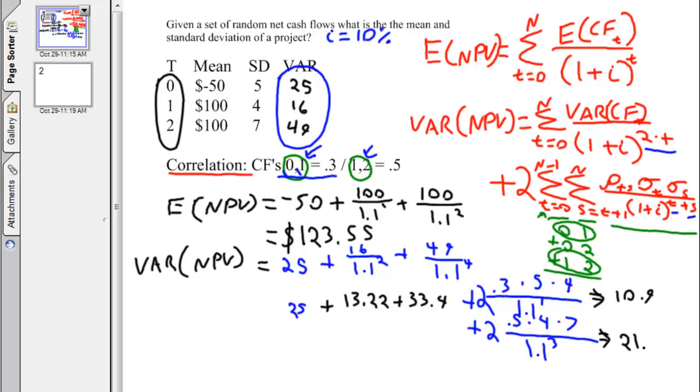Make sure those don't look like inequalities. All right, and then you would see that the variance is equal to 103.63. And the standard deviation, of course the square root of the variance, is equal to roughly 10.2.